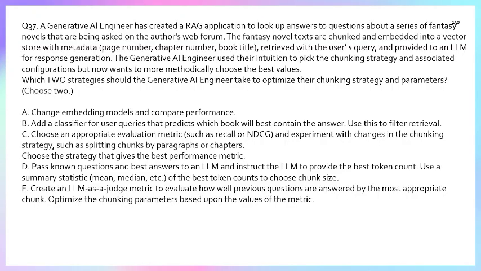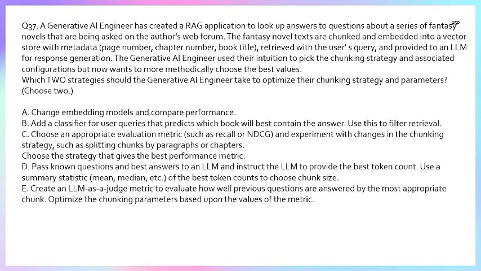Okay. So the options we have: option A, change the embedding model and compare performance. Option B, add a classifier for the user query that predicts which chunk will best contain the answer, and use this to filter retrieval.